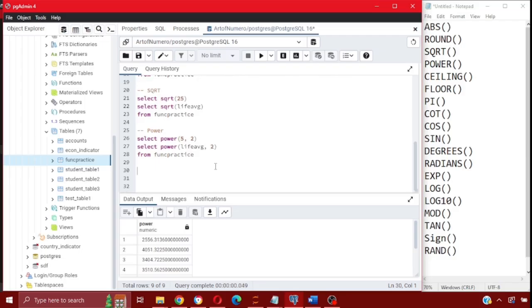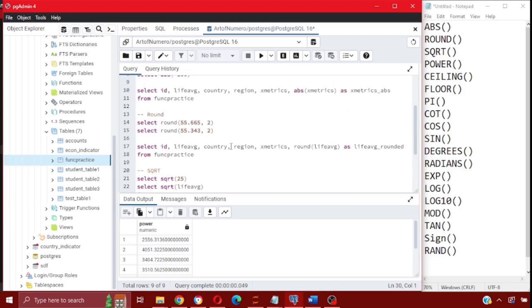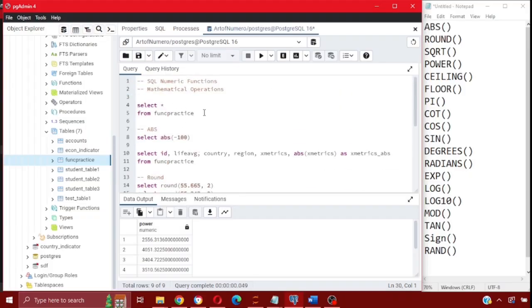Look at the structure, the syntax of each function, depending on what tool you're using, and then pass your values based on that. Something else: from this point onward, because I feel like I'll be going above my time bound, I'm not going to perform these functions on the table columns.